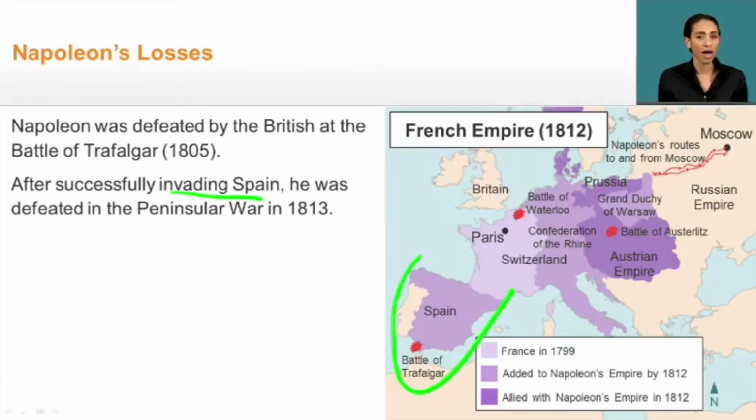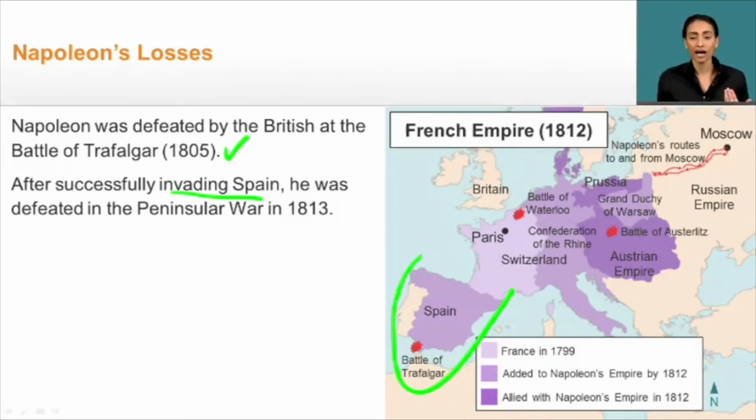He places his brother at the helm to be in charge there, but it's actually going to be a coalition of Spanish and Portuguese and British forces that push back against Napoleon, and ultimately he's defeated here in 1805.